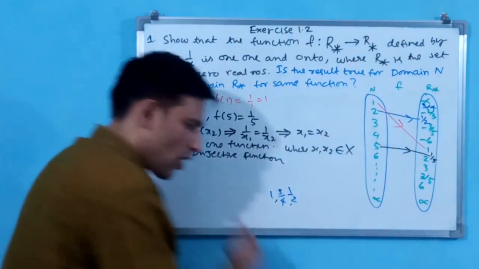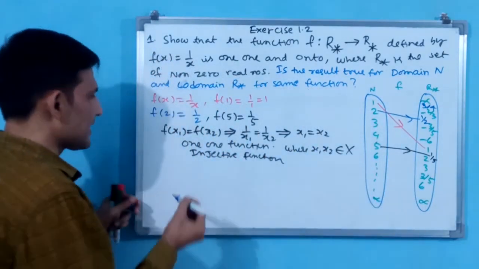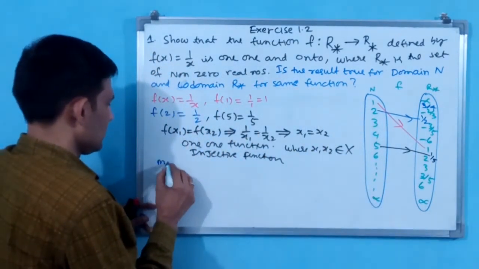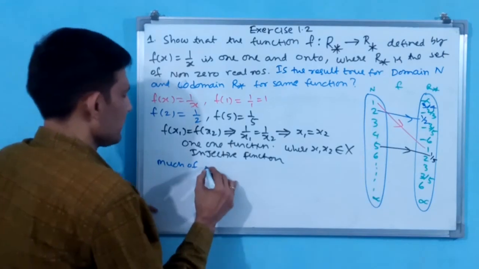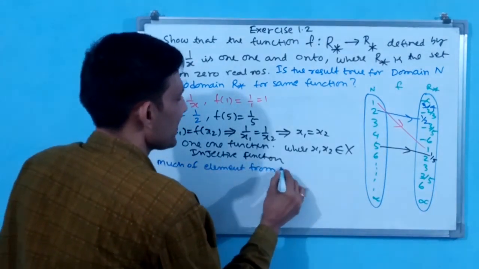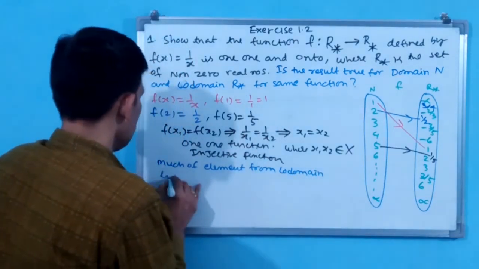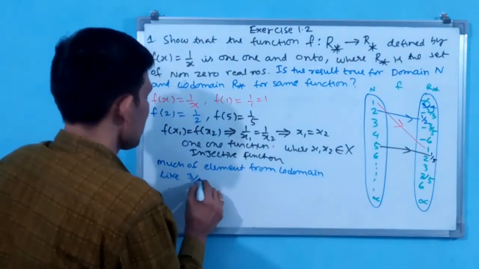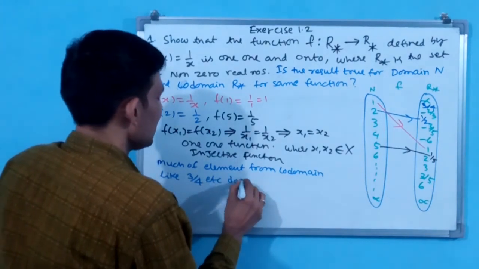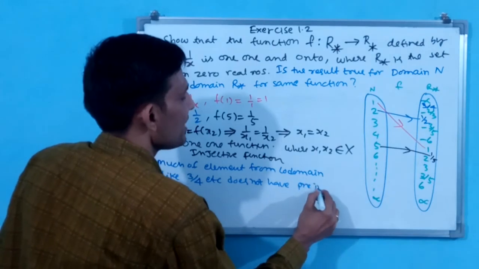Now how you have to write? You write like this. Many elements from codomain like 3 by 4 etc. don't have pre-images.